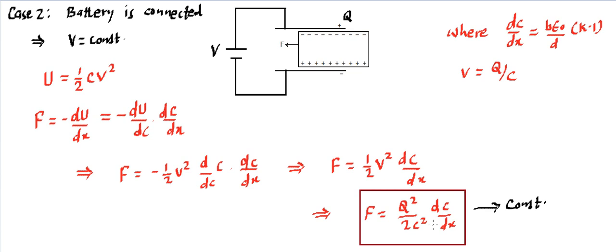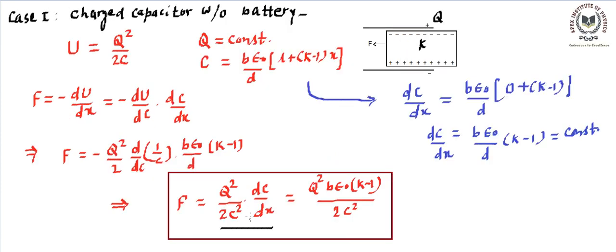How was that dependent on x? We can see that slide and then talk about its constant and variable nature. So here is this force. Now here this dc by dx is a constant, and this Q is a constant because this is not connected with the battery. So Q constant, this constant, 2 constant, but C is a function of x. You can see from here, C is a function of x. Since C is a function of x, hence F is a variable.